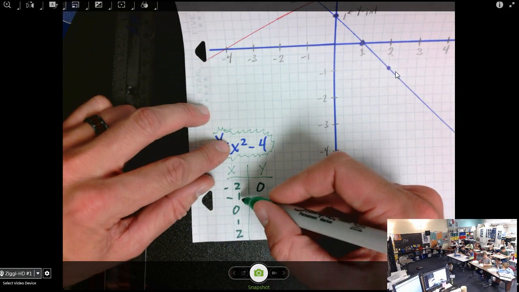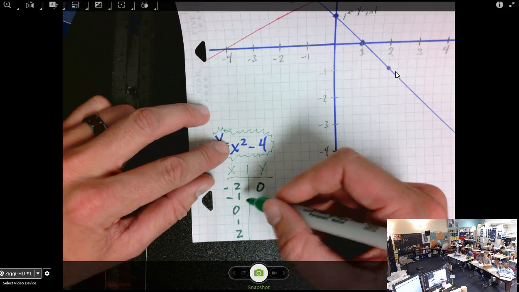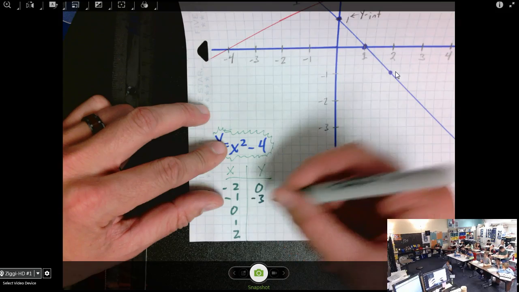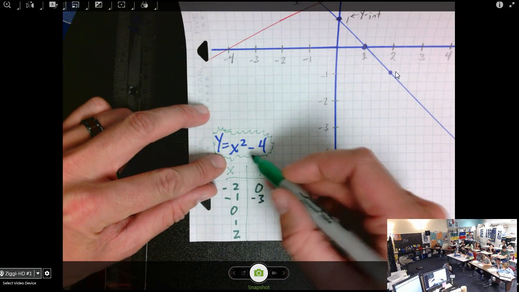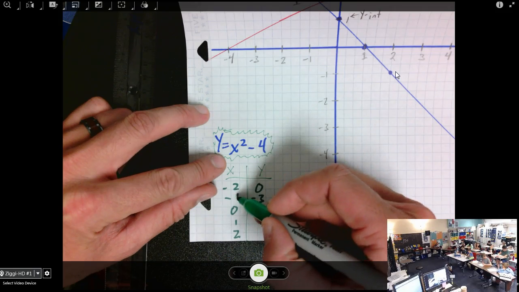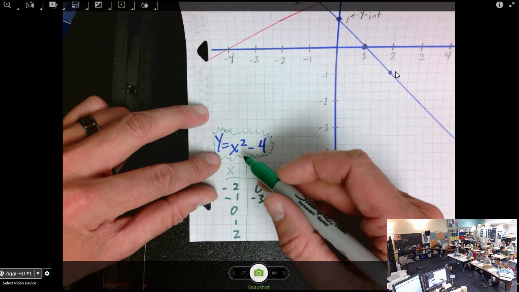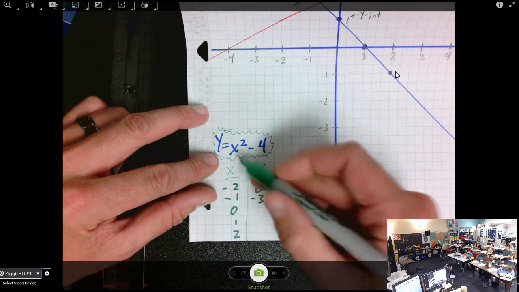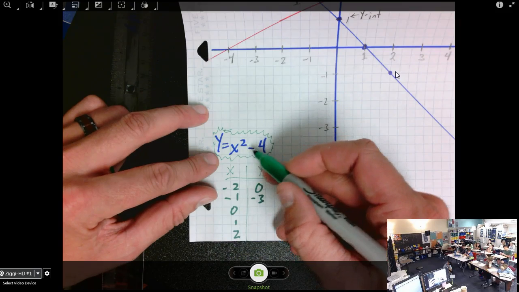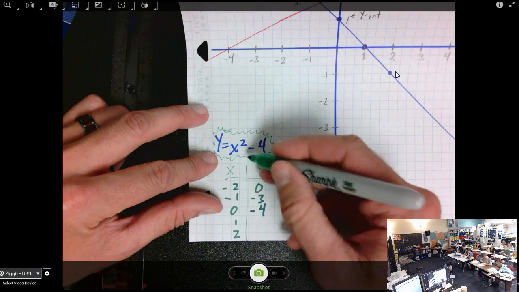What's -1 squared? 1 minus 4, -3. -1 squared is -1 times -1, 1 minus 4 is -3. 0 squared, 0 times 0, 0 minus 4, -4. 1 squared, 1 minus 4.